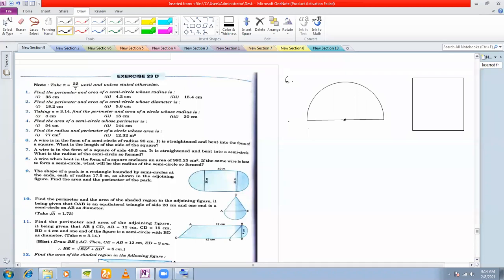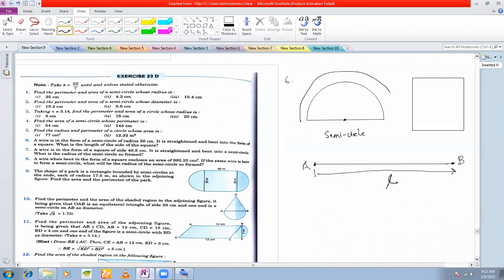See, whatever the wire is, suppose the wire is of length L, this wire AB, and you are making it in the form of a semicircle. That means the entire length L you are making in the form of a semicircle.